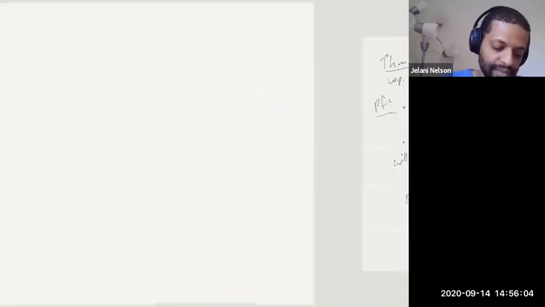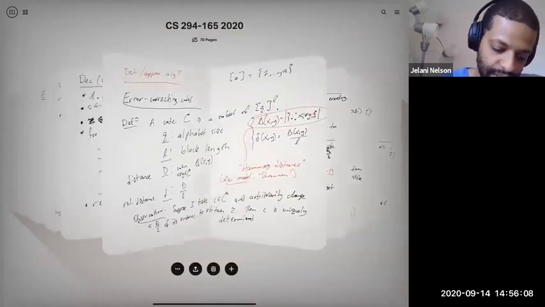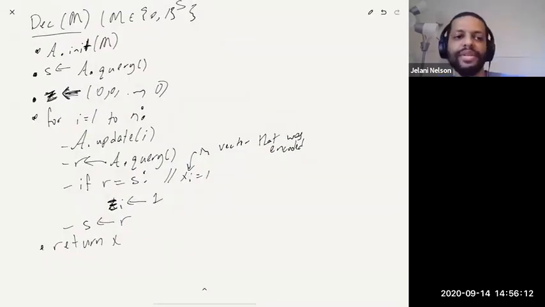So that was the one. Here, what I do is I try to learn the bits of X one by one through this for loop. So I'm going to use the older version of the decoder. And again, it's randomized because it's using A, and A is random.